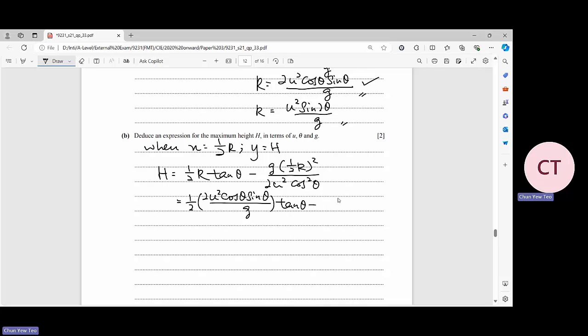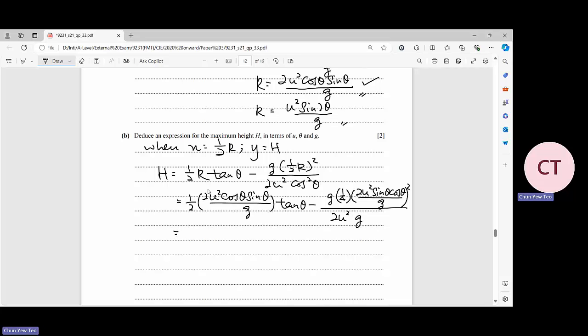Tangent theta minus g, this one is, make it become 1 over 4 R square. R square is 2u square sine theta cos theta square over g divided by the 2u square g.